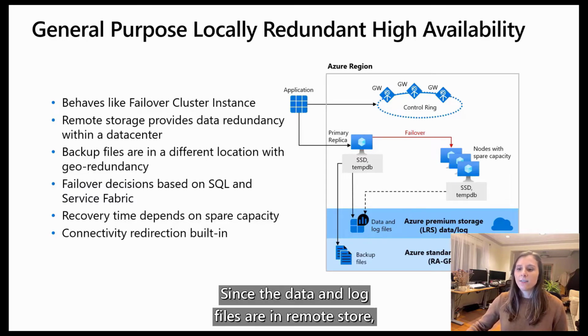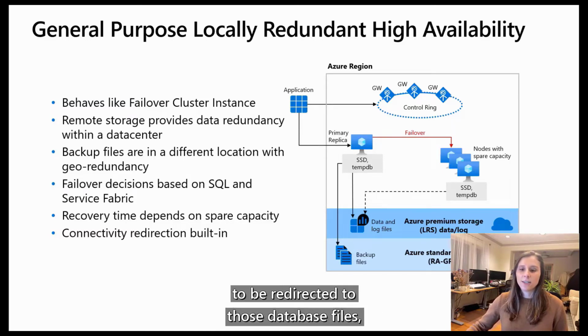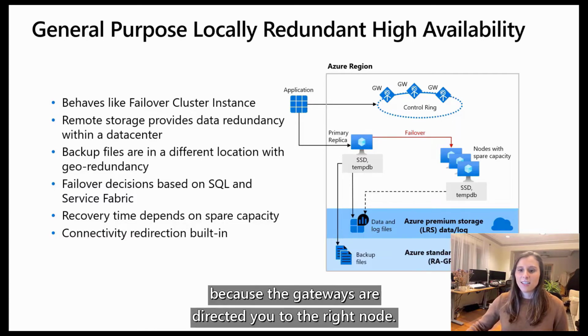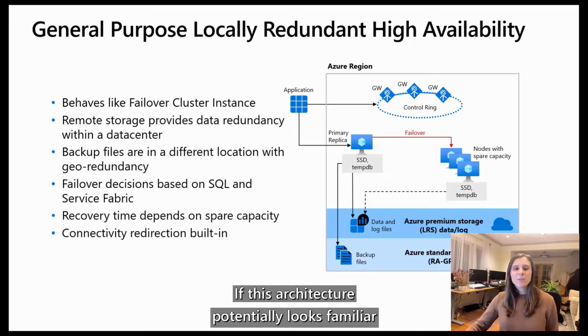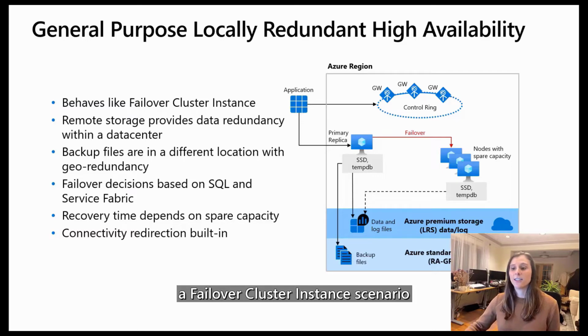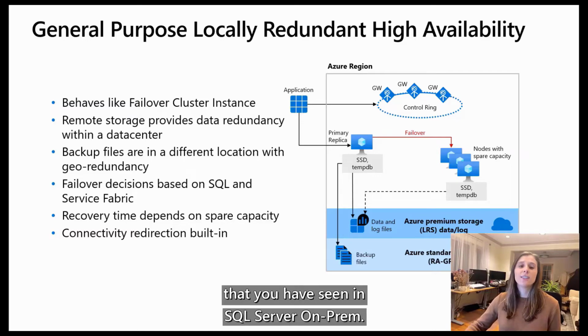Since the data and log files are in remote store, we can just spin up another node with a SQL Server to be redirected to those database files, run recovery, and your application connects right to it because the gateways are directed to you to the right node. If this architecture potentially looks familiar, this is just because this is similar to a failover cluster instance scenario that you have seen in SQL Server on-prem.